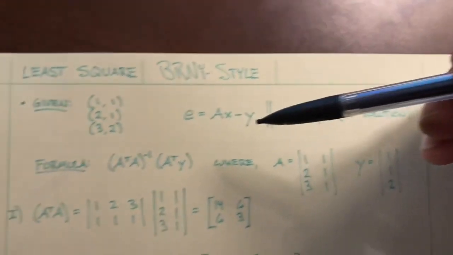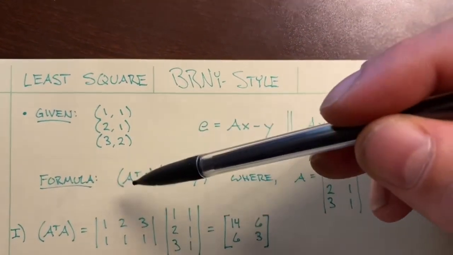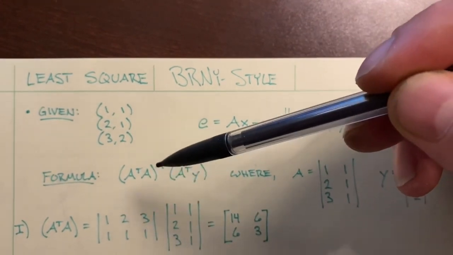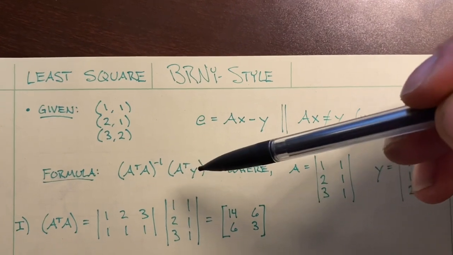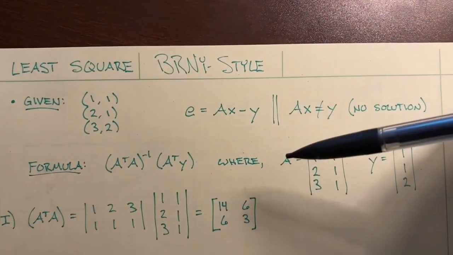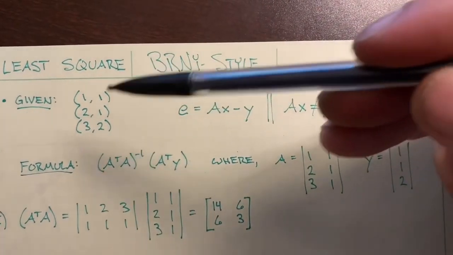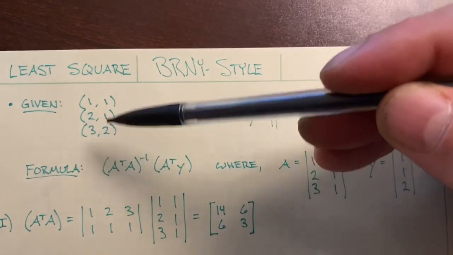That's going to be our E. The formula for our least squares approximation is going to be A transpose A, inverted, times A transpose Y. So in this case, based on the points that we were given, we have X values here and Y values here.